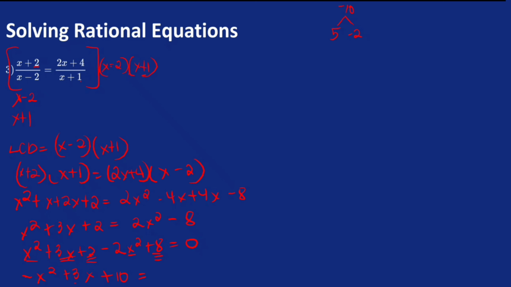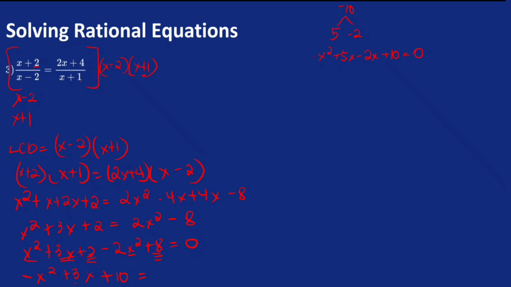So we'll have negative x squared plus 5x minus 2x plus 10 equal to 0. So the middle term 3x is separated using 5 and negative 2.